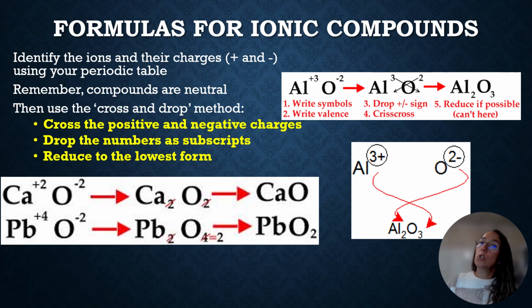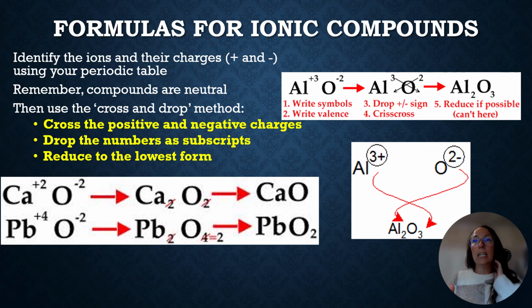Notice on the Chem 20 data booklet, you will not have the charges for the O. You have to know that everyone in group 16 is going to have a -2 charge. So first of all, you should know they're negative. Second of all, you go with 6 valence electrons for group 16, and 6 plus 2 makes 8. So 2- for the oxygens.